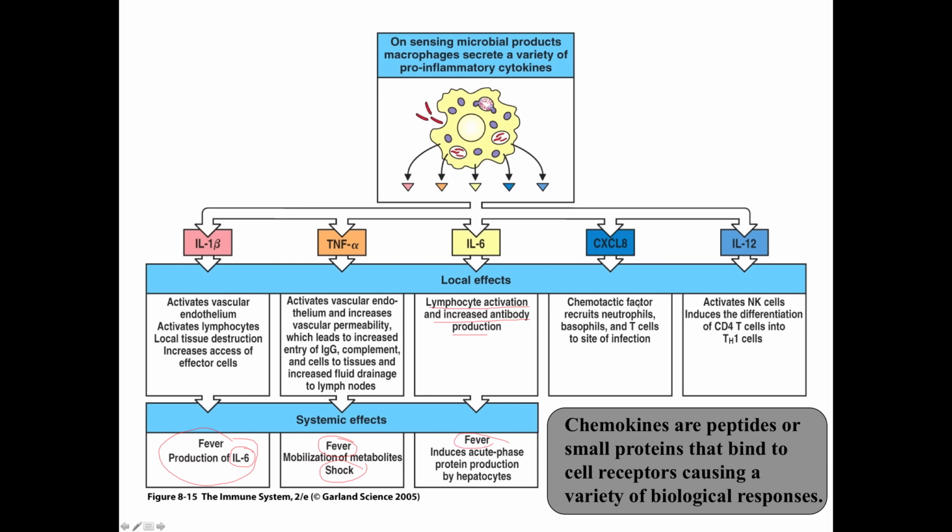There are also chemotactic factors like CXCL8, which recruits neutrophils and other immune cells, and then things like IL-12, which activates other cells like natural killer cells and other immune cells. So you get a whole gamut of stuff that's important here for activating macrophages so they can contribute to the inflammatory response.